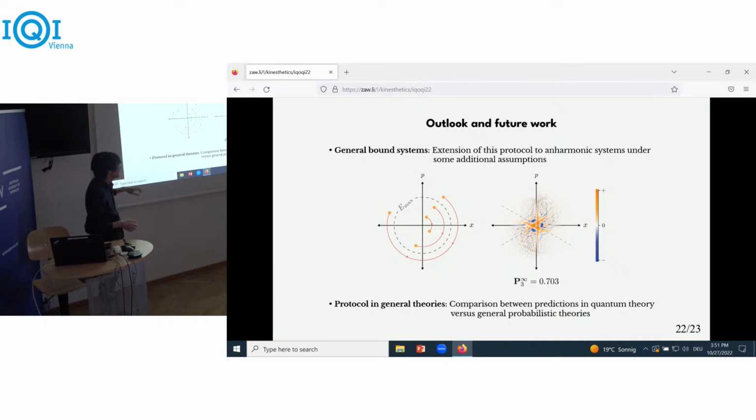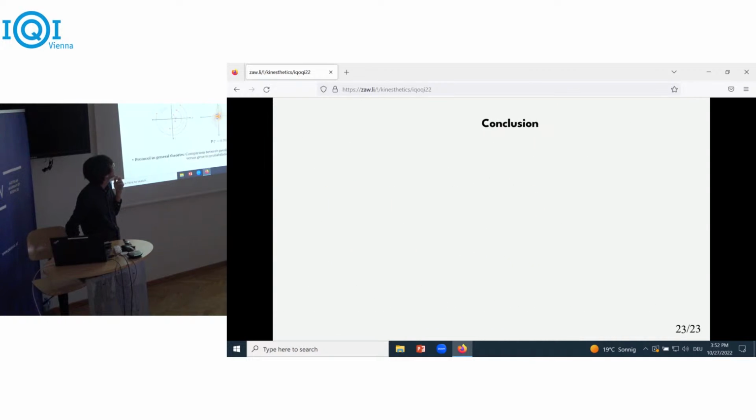Our protocol is one example of where epi-restricted theories are not enough to explain this behavior. We actually show, in the conclusion, that all of their epi-restricted states cannot go even beyond the classical bound. So that's the outlook for our work.